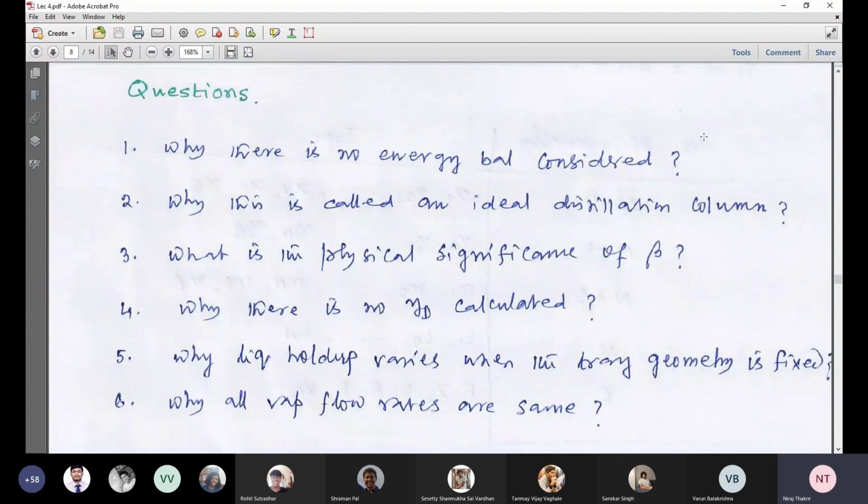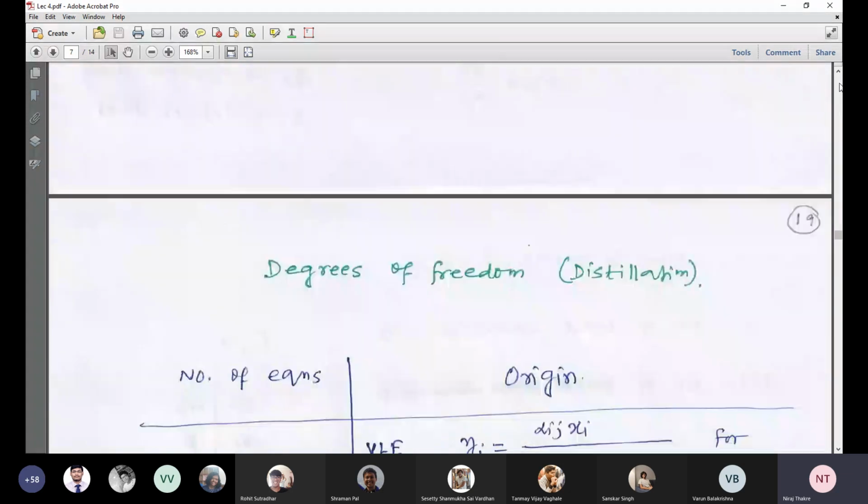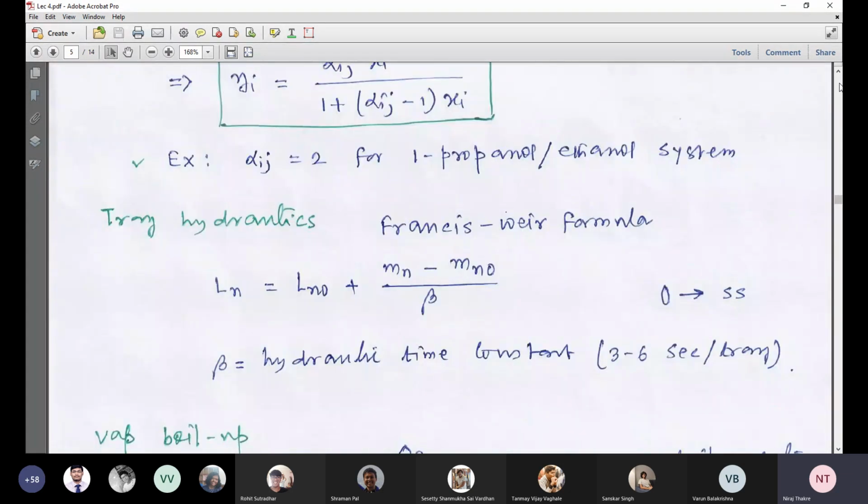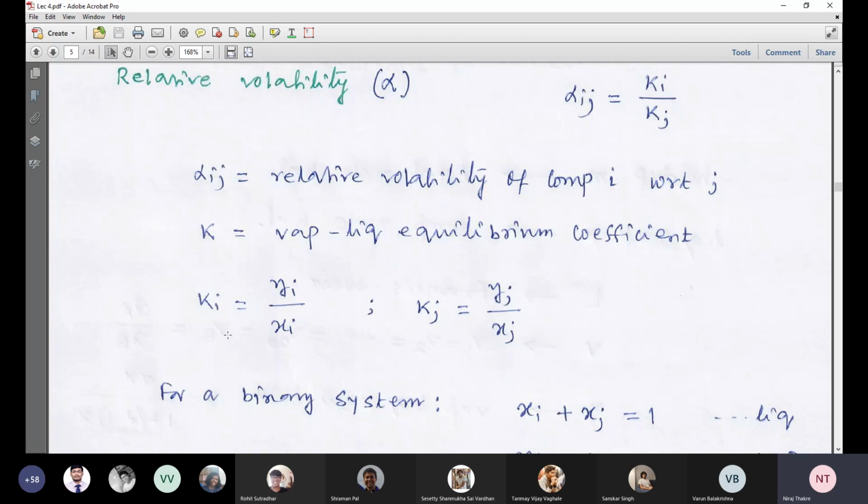One indication I can give you, although you did not study your mass transfer course: the relative volatility alpha is basically a function of temperature and pressure. I think you can understand this point. See this equation, let us talk about this Ki.